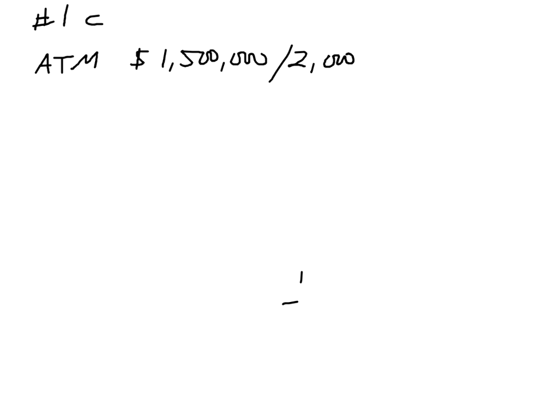So first we can find out what the cost per use is. For the ATM, we know that the total cost was $1,005,000, and there were 2 million ATM uses.